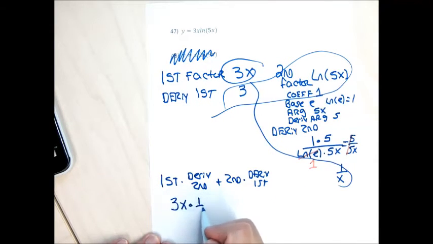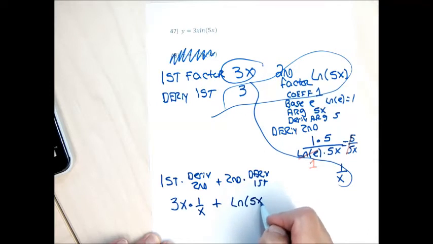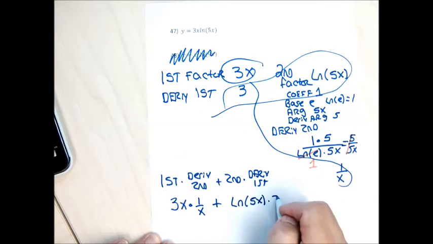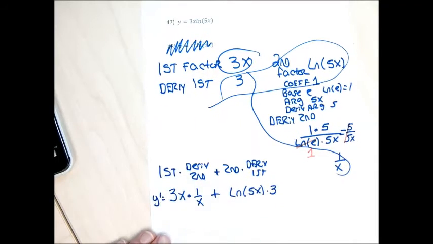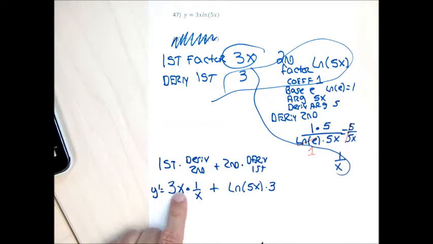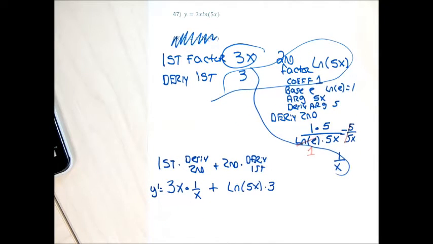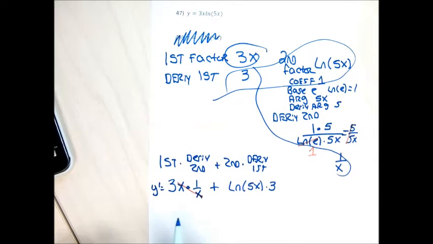The derivative of the second is 1 over x, plus second factor, ln of 5x, times the derivative of the first, which is 3. And I should probably write y prime equals, didn't sneak that in there. x times 1 over x is like 2 times 1/2. They cancel. x times 1 over x is 1. So these x's are going to cancel right there, and that piece is just going to be a 3.